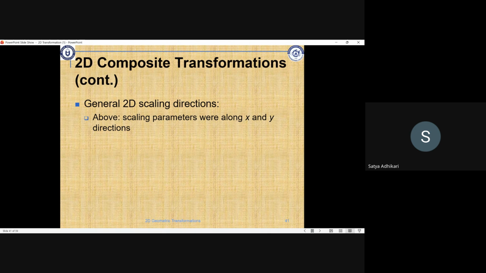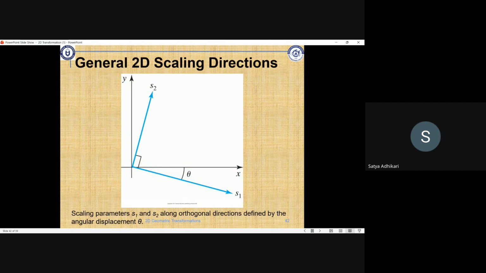Next, composite transformation: general 2D scaling directions. The scaling parameters were along the x and y directions. What about arbitrary directions? Let us see. Scaling parameters S1 and S2 along orthogonal directions are defined by an angular displacement.